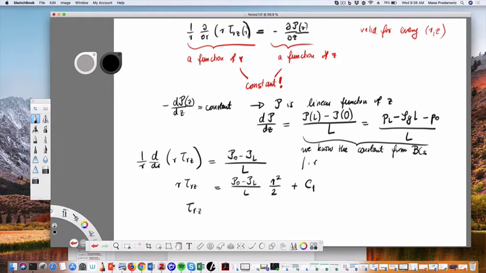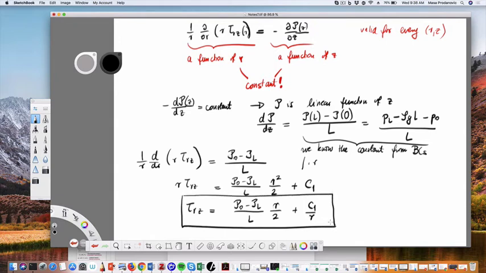And my tau rz is then P_0 minus P_L over L, dividing by r here, so it's r over 2 plus C1 over r. That's my solution for shear stress.